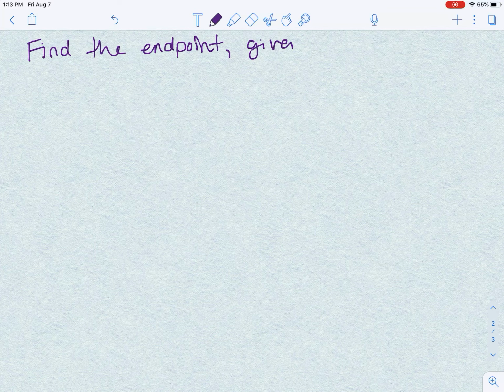Now we're going to use that midpoint formula, except instead of finding the midpoint, we're actually going to find an end point that is missing. So find the end point given the midpoint and one end point. Okay?